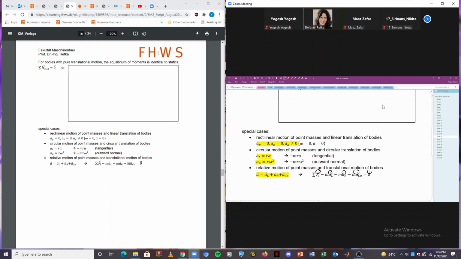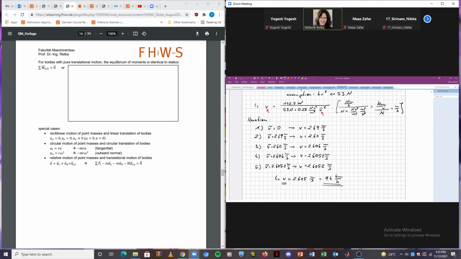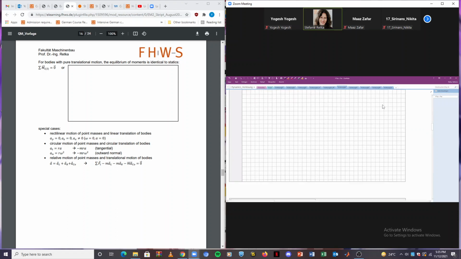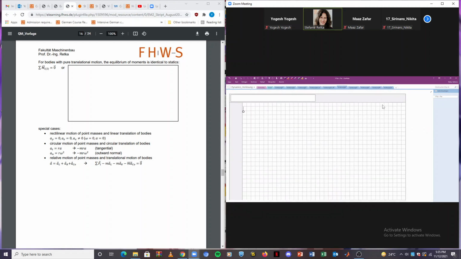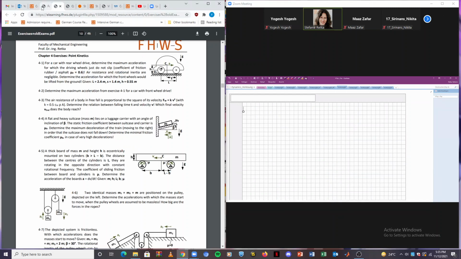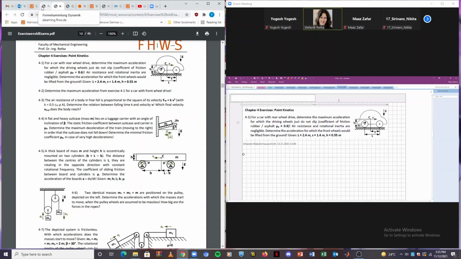And we still have some time, so we can start with the first one, which would be exercise 4.1.